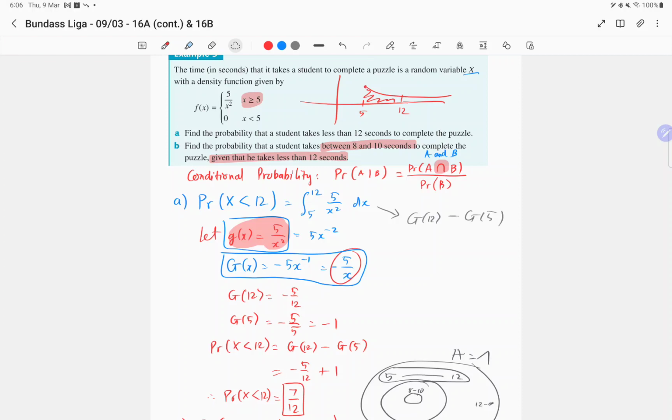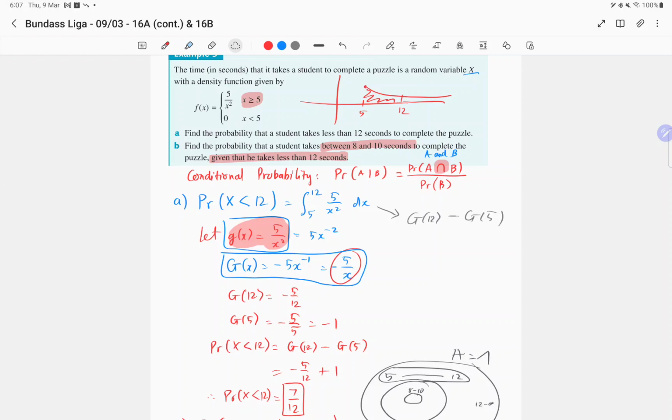Try using the big G notation, because otherwise the other question will be a lot longer. If you don't want to use the big G notation, something you can do is remember that in question B, the probability that it takes between 8 and 10, you have to do the antiderivative again, but you have already done that before, so you can just copy the answer.